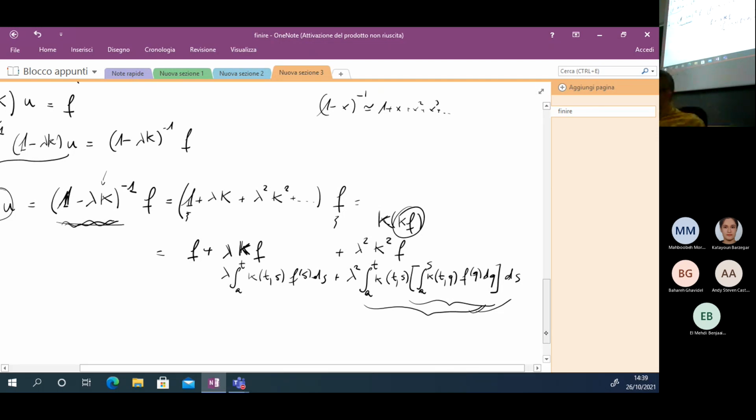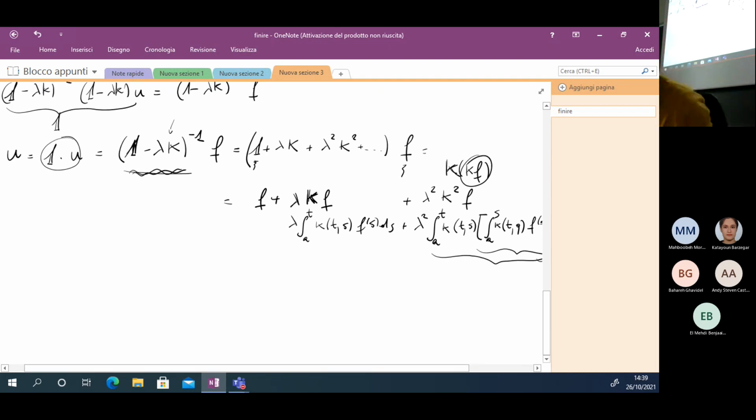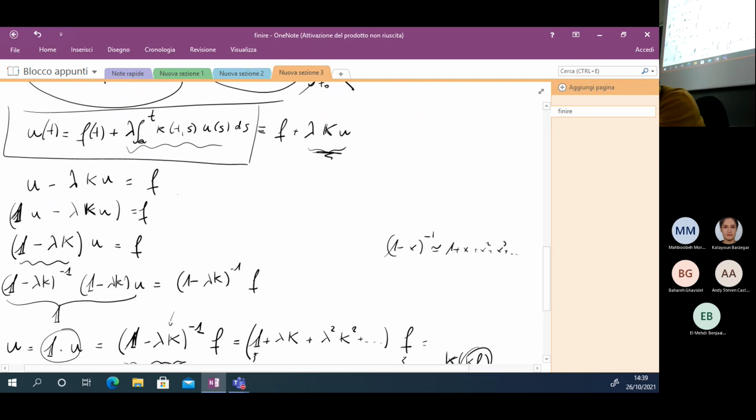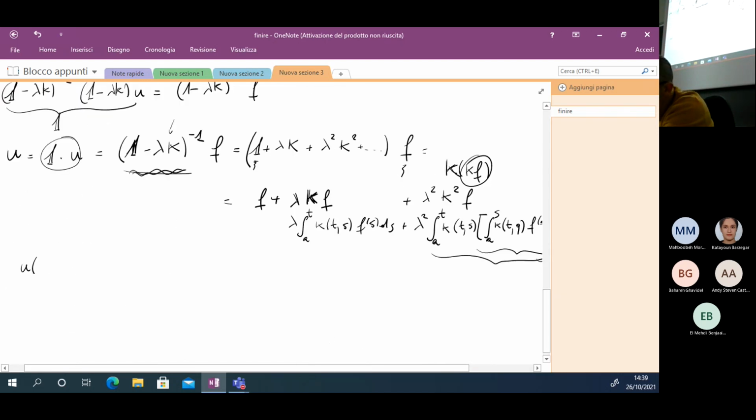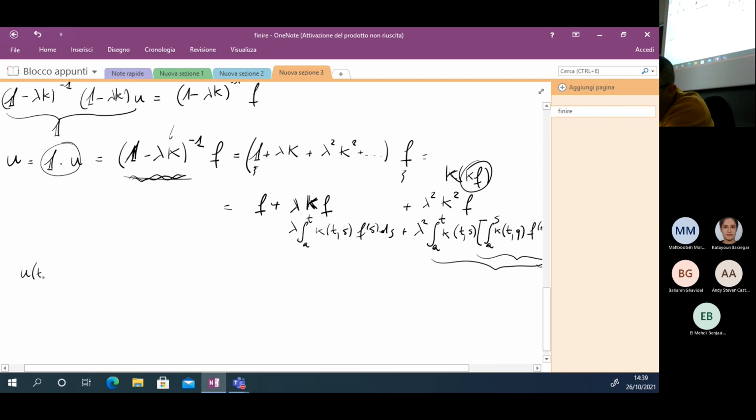All right, suppose that I'm given the initial value condition. So suppose that I have been assigned u of t naught, which I call u0.